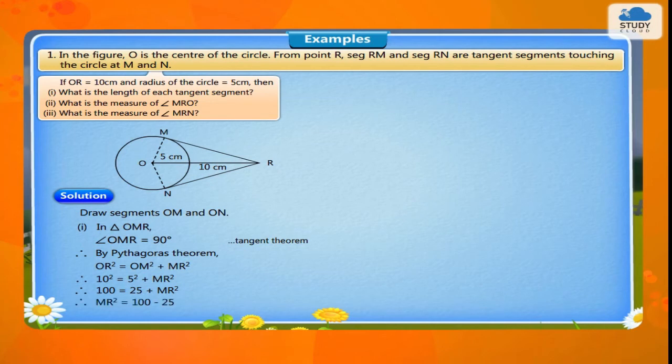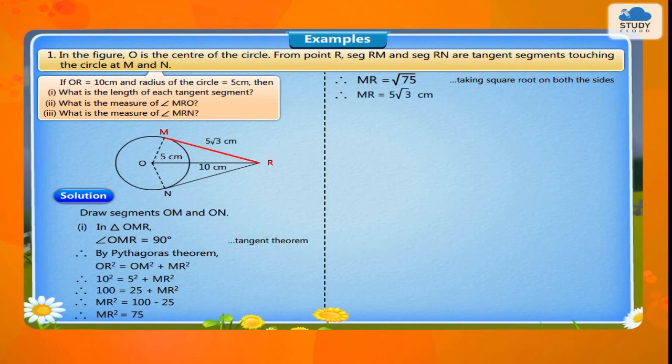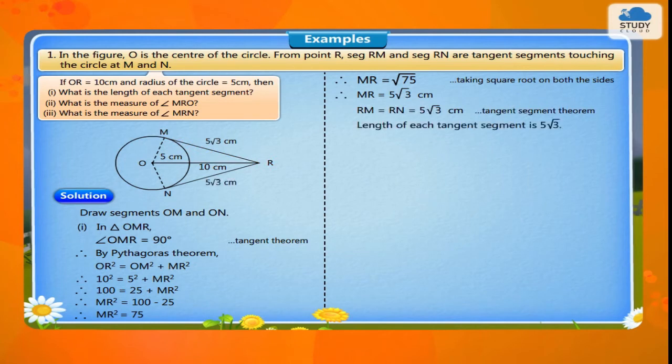Therefore, MR square is equal to 100 minus 25, which is 75. Therefore, MR is equal to square root of 75, which is 5 square root of 3 centimeter. RM is equal to RN is equal to 5 square root of 3 centimeter. Length of each tangent segment is 5 square root of 3.